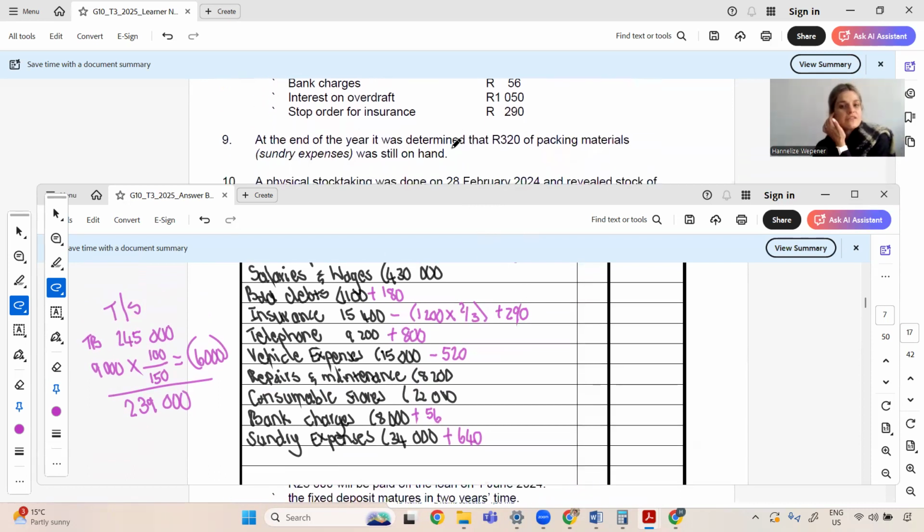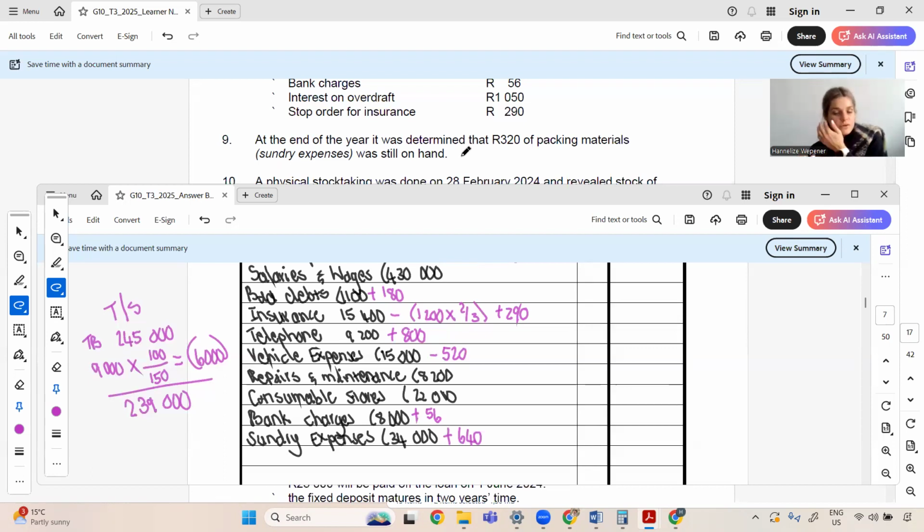Okay. At the end of the year, it was determined that 320 Rand of the packing materials included in your sundry expenses was still on hand. In other words, you paid for packaging materials. So you said debit packaging materials or packing materials, credit bank. But now they're saying you haven't used the packing materials. So it cannot be included in your expense.